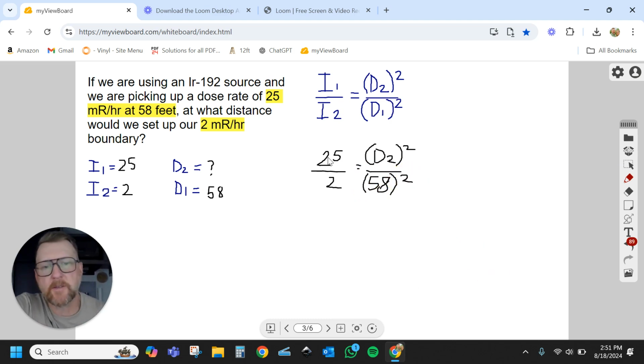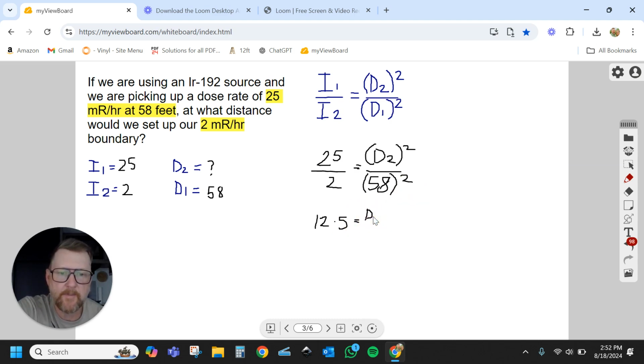Okay, so again, this right here says 25 divided by 2 equals D2 squared divided by 58 squared. So the two things we can do right away is divide this by 2. 25 divided by 2, 12.5 equals D2 squared.